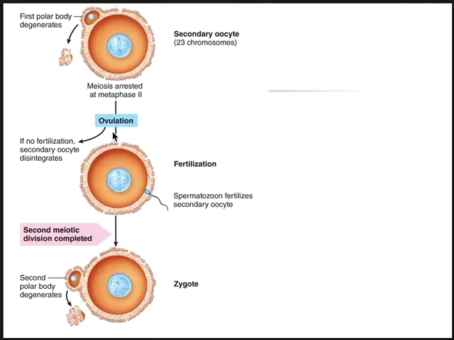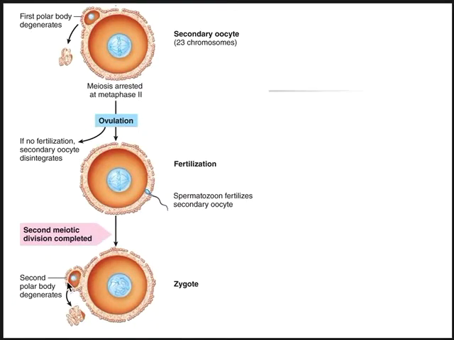Okay, so then after ovulation, you have about 24 hours, right? So this secondary oocyte will be in the fallopian tube waiting to be fertilized. If it does not get fertilized, it'll degenerate and die. If it does get fertilized, then the second meiotic division completes.